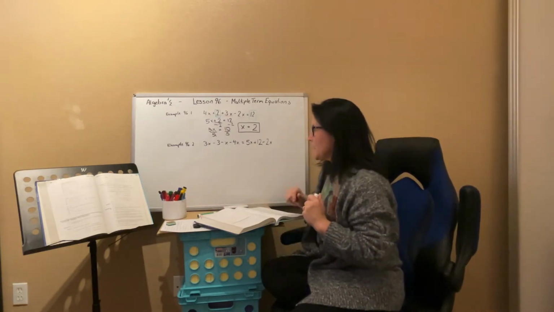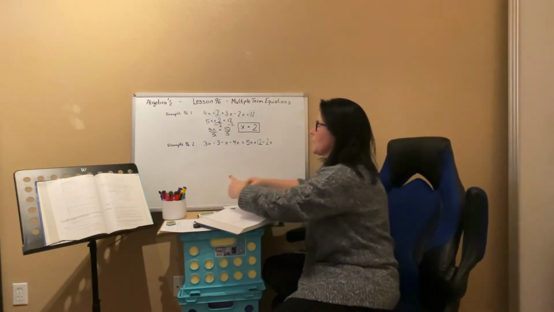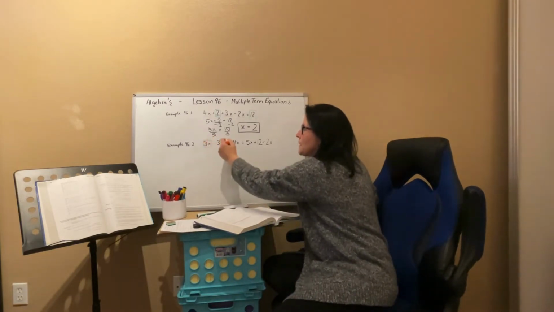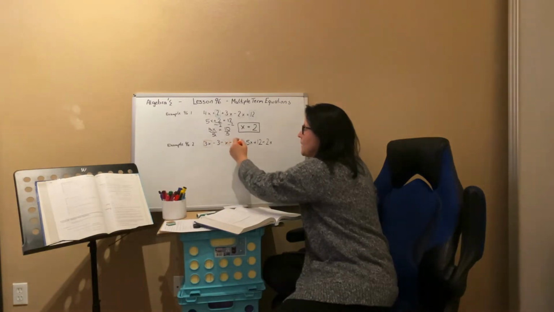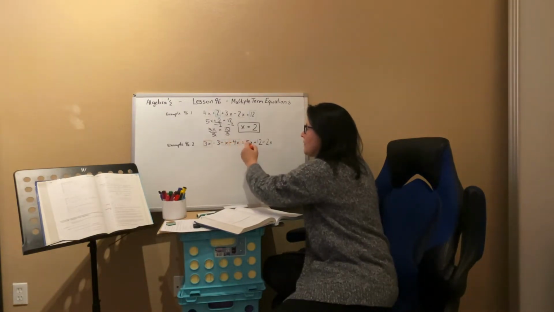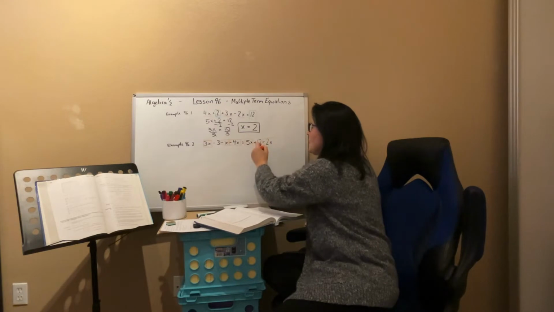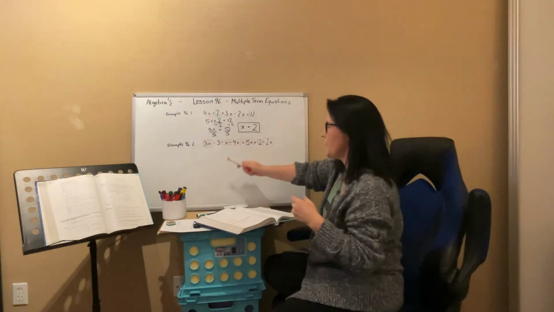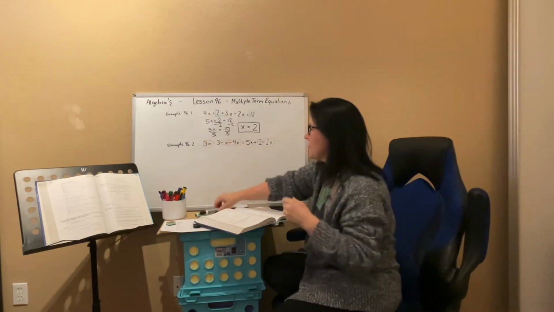In our second example, let's look at the like terms again. So we have 3x, then we have minus x, minus 4x, we have 5x, and minus 2x. So first we're gonna combine all the terms on each side.